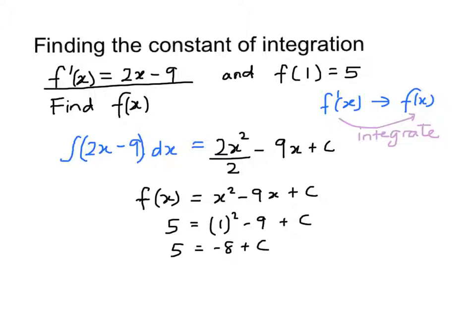I'm going to solve this, put 8 on the other side. So 5 plus 8 equals c. c must equal 13. Okay, so I'm looking here, they've asked me for the constant of integration, so the constant is 13.